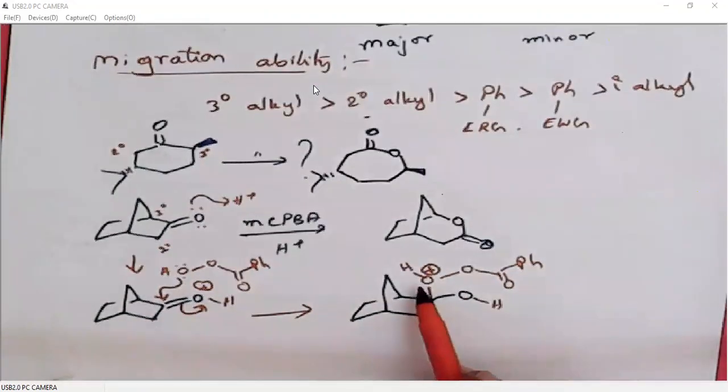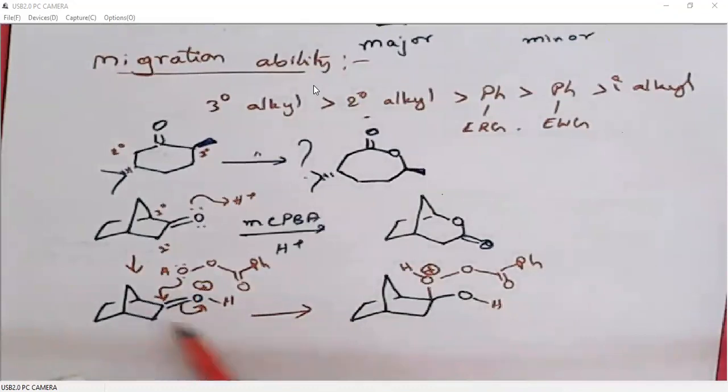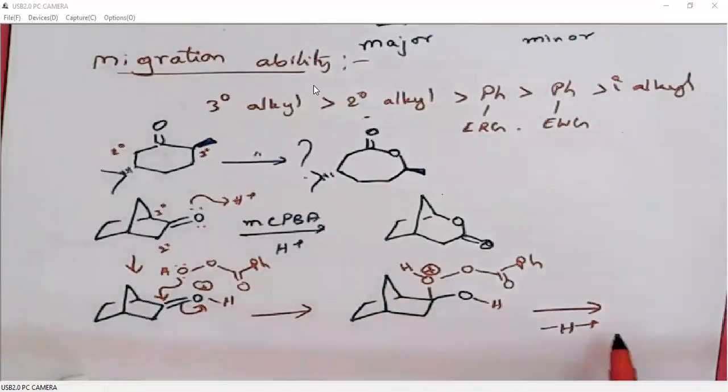Now this oxygen will get a positive charge because it is donating electron pairs. Now we can do deprotonation, that means take out this proton, so it becomes neutral.